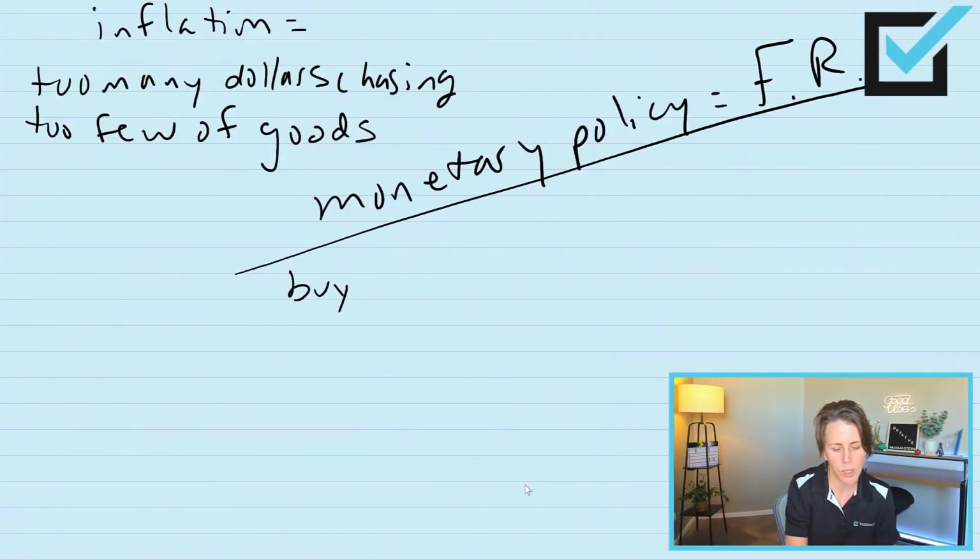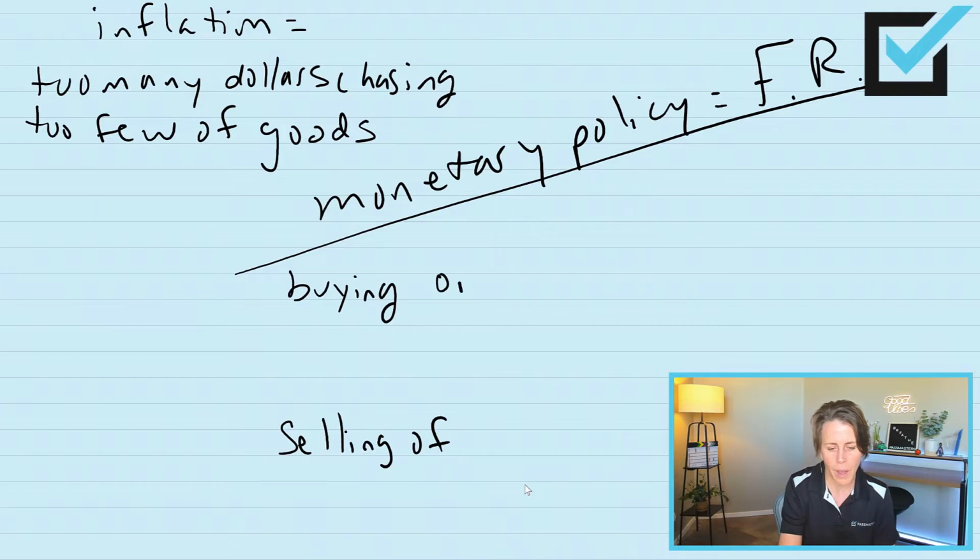So open market operations, the buying and selling of U.S. government securities. We have two things to look at: buying and selling of U.S. government securities.